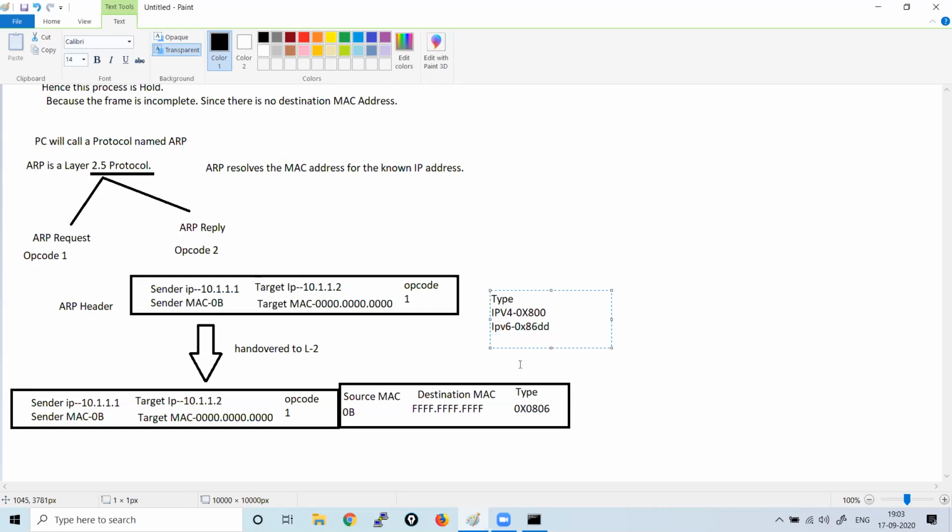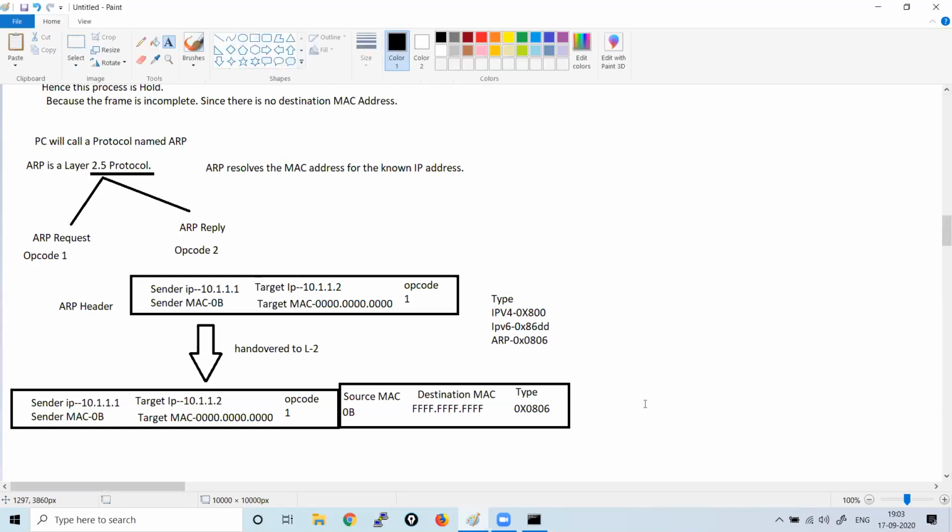If it is given by ARP, the value would be 0806. So these are the things. Are there any other types? There are, but for now only consider these.